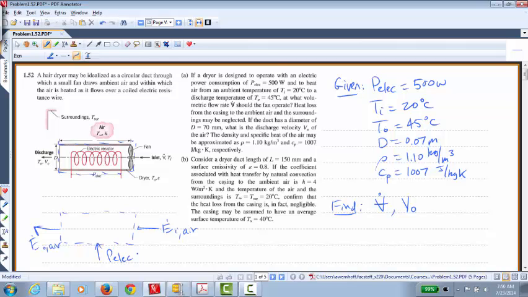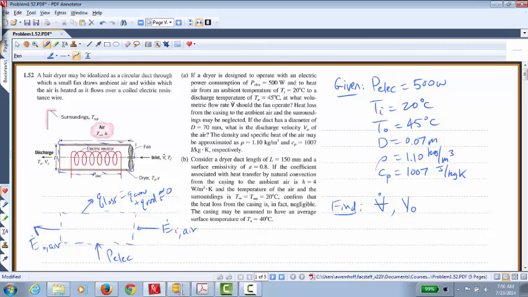Now, one of the important things that they say in here is that the heat loss from the casing to the ambient air in the surroundings may be neglected. So when they say that, the heat loss then, they say to the ambient air around the hair dryer, it means that they're saying that there's a convective loss. And they say to the surroundings that implies that there's radiation.